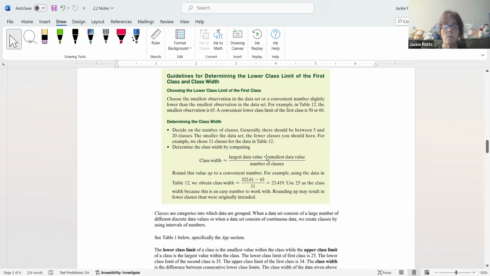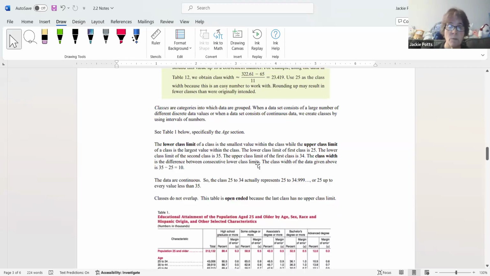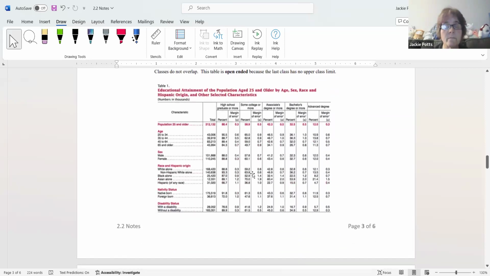So here is an example of a class width. See this? Now, they did do a little bit of a faux pas, because if you look at that, they go 25 to 34, 35 to 44, but then they go 45 to 64. I know it's very hard to read.